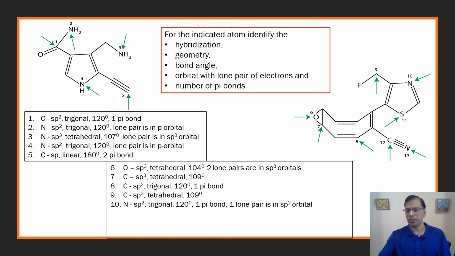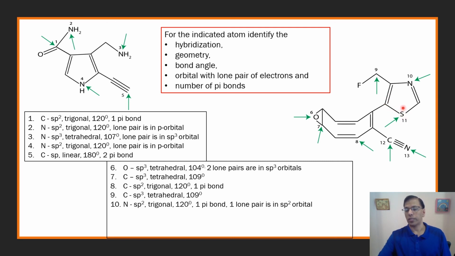Let's consider the example of sulfur. In sulfur, just like oxygen, it has 2 lone pair of electrons. Just have to kind of memorize that piece, that sulfur and oxygen have 2 lone pair of electrons. And now the sulfur is attached to a carbon which has a double bond right here.